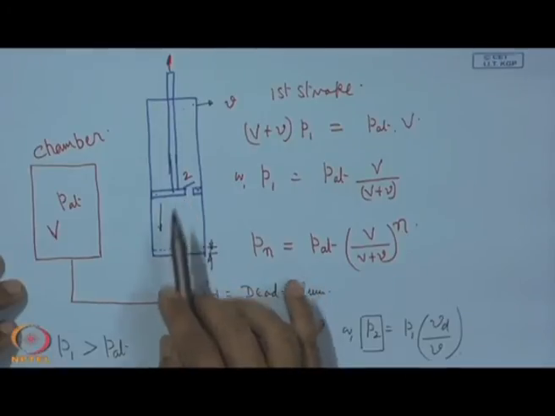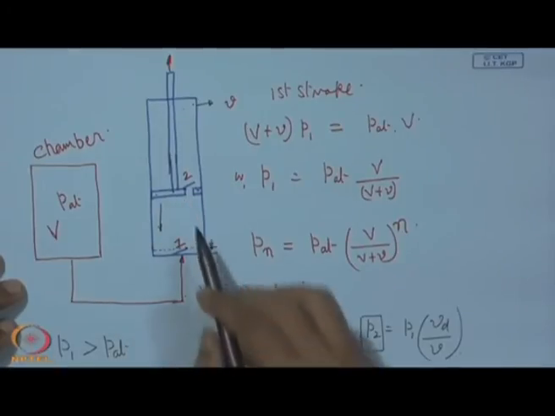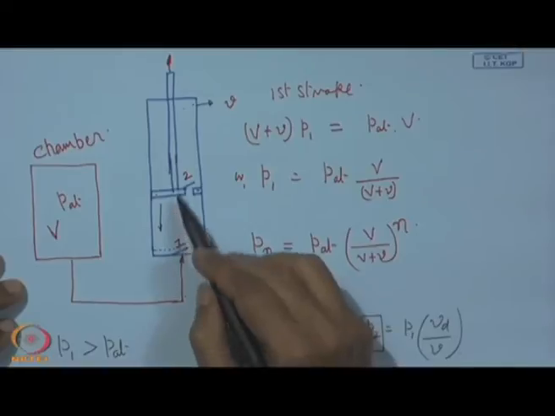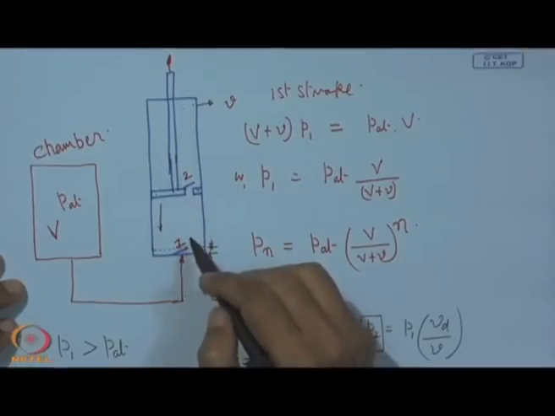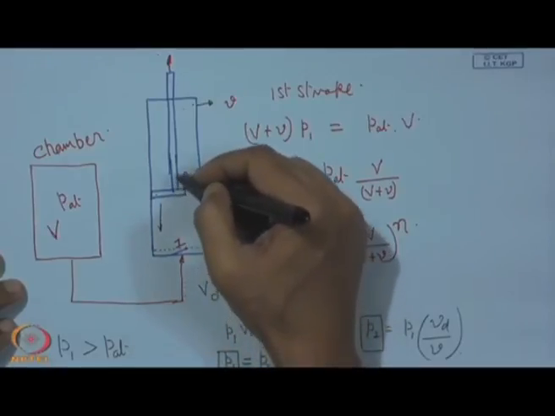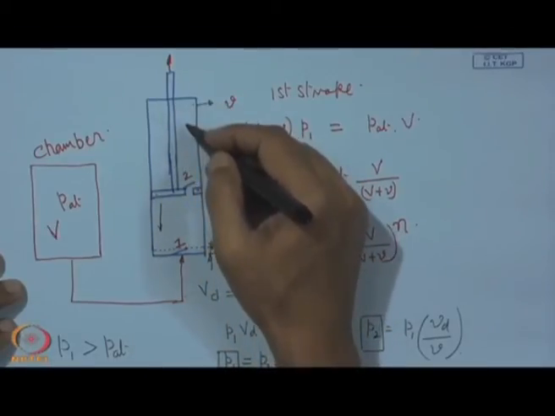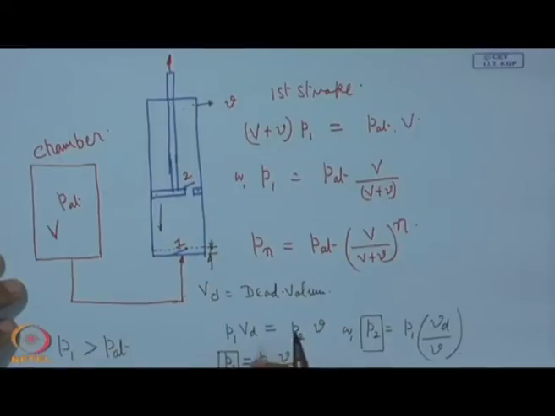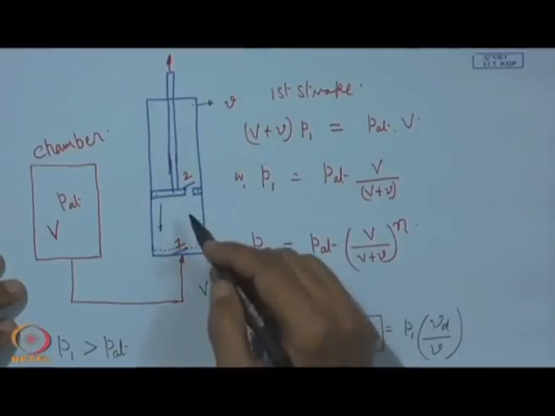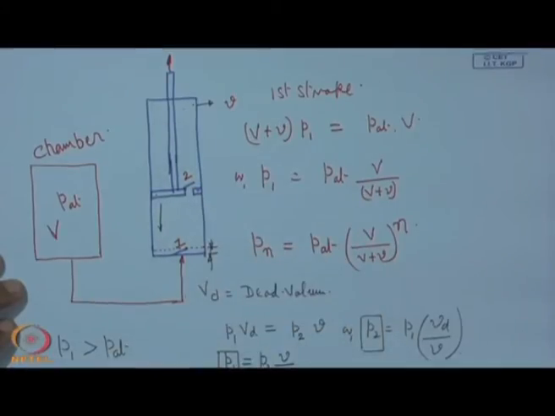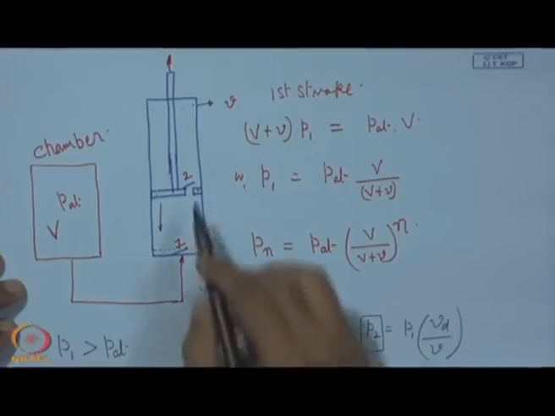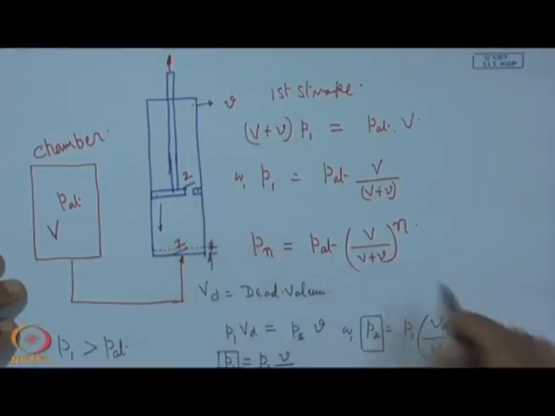So, what is going to happen at this point? It will be simply expansion and contraction of that volume of air. During the upward movement of the piston there will be expansion of the gas, and during the downward movement there will be compression of the gas, but that compressed gas does not have the required pressure for opening of the valve.